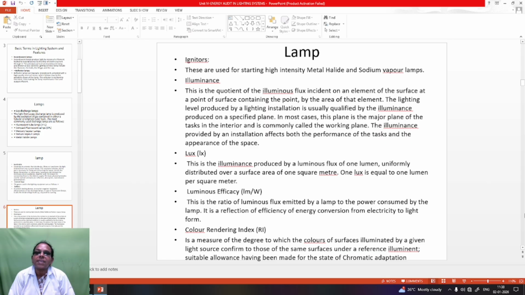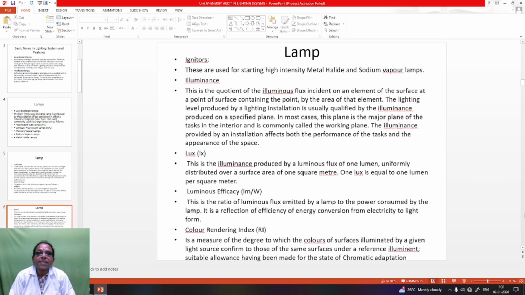In most cases, this plane is the major plane of task in the interior and is commonly called a working plane. The luminance produced by the installation affects both performance of the task and the appearance of the space.